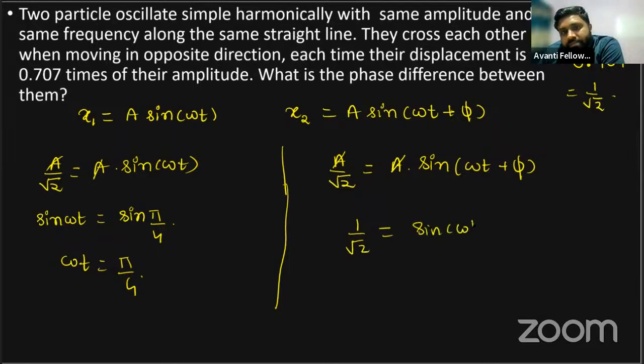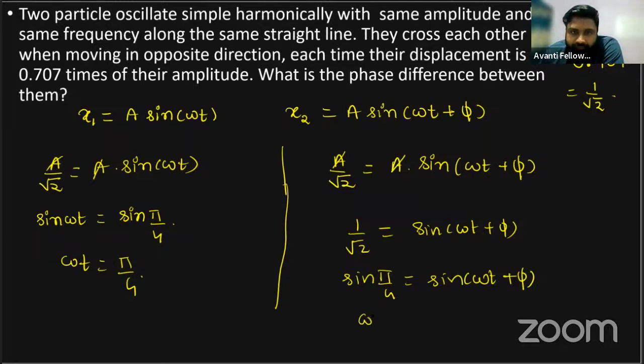Sine omega t plus phi has a value of sine pi by 4, which means omega t plus phi has a value of pi by 4 here.